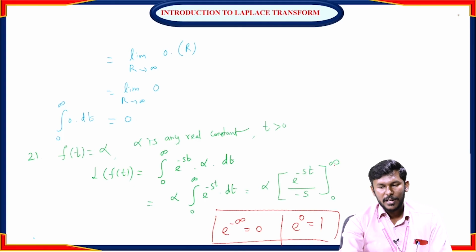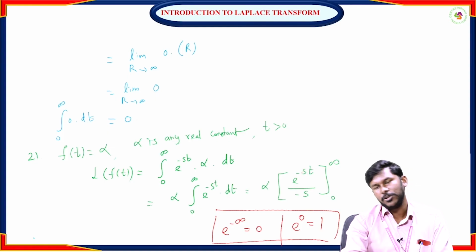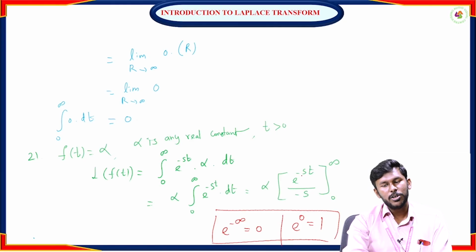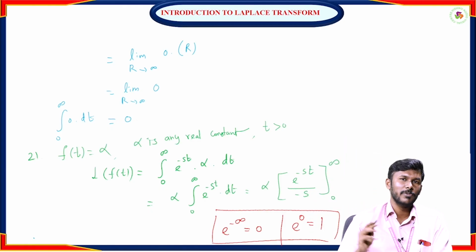So apply the upper limit infinity. For t, you are going to guess, t is a variable. Okay, so applying upper limit infinity, e power minus st is there. So infinity will be here. Here s plays a major role. Here minus will be there. My s is positive, then only e power minus infinity I can reach. Suppose s is negative, then it's going to be e power infinity, going to keep increasing and it's going to be infinity.